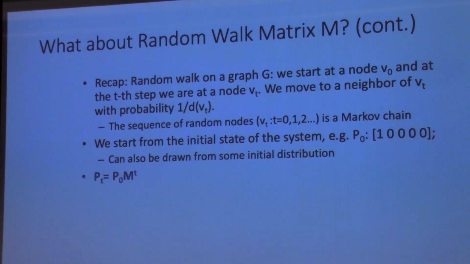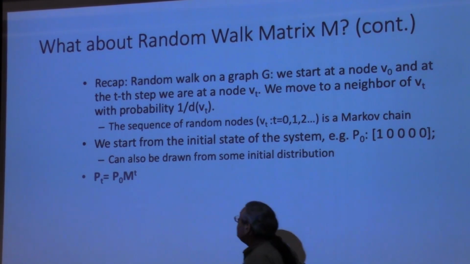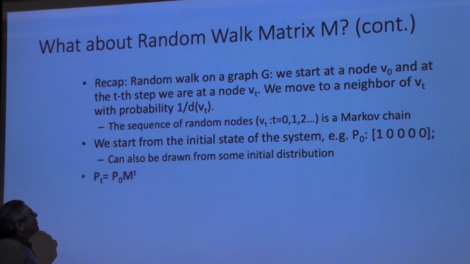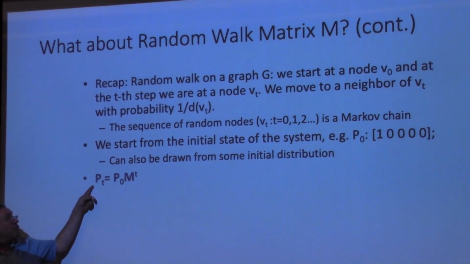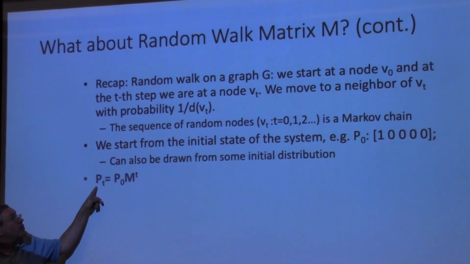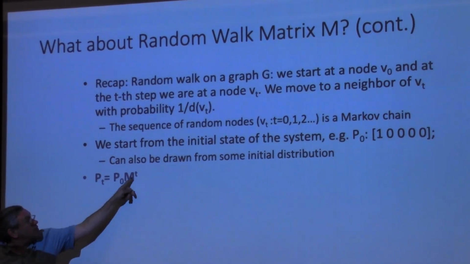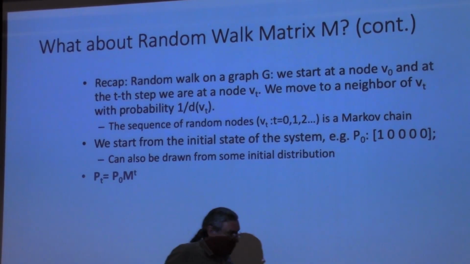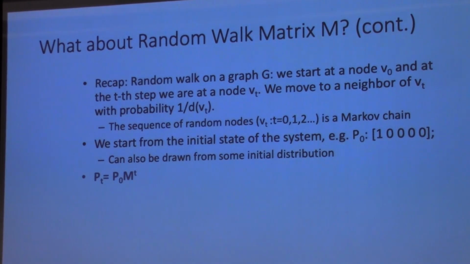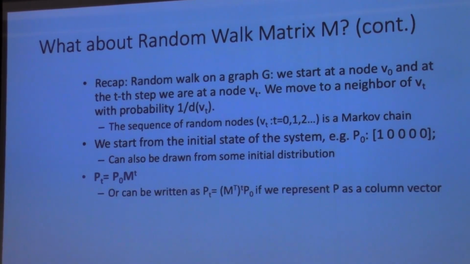Now, you can do multiple steps. After t steps, the probabilities are given by this vector, Pt: P0 times M to the power t. So this is matrix exponentiation, matrix multiplications. See how it works?